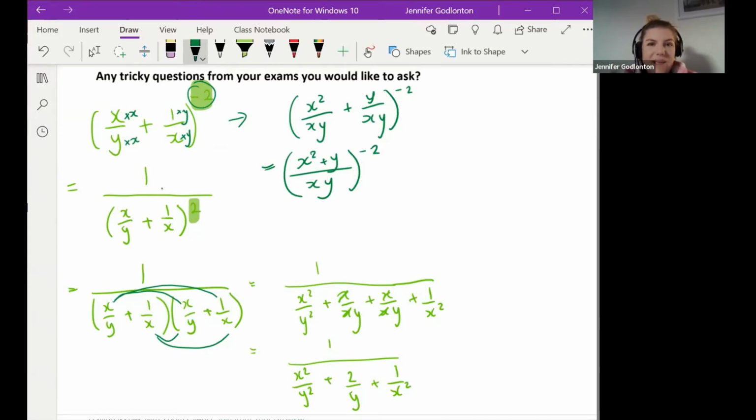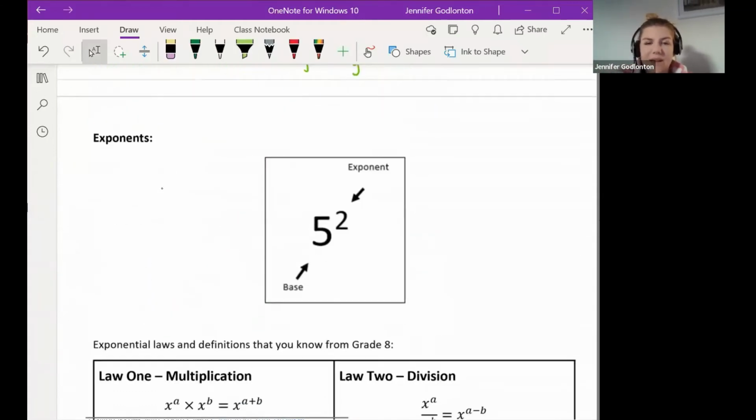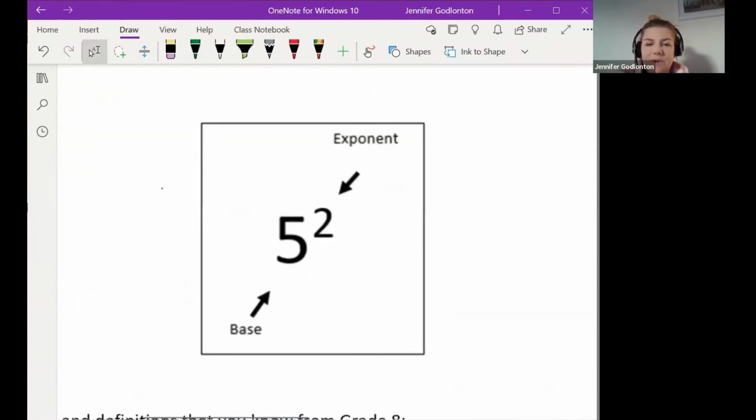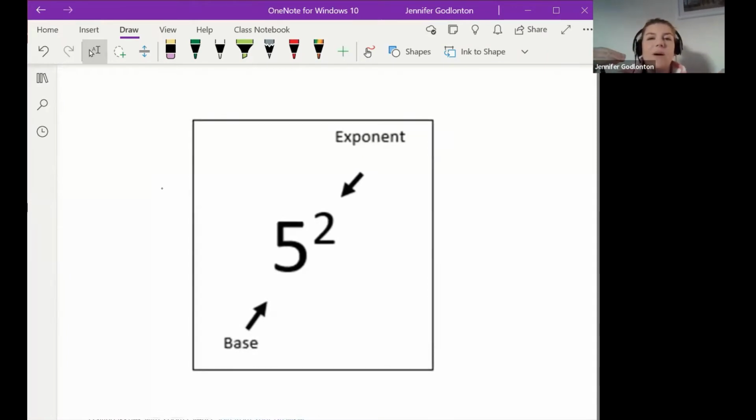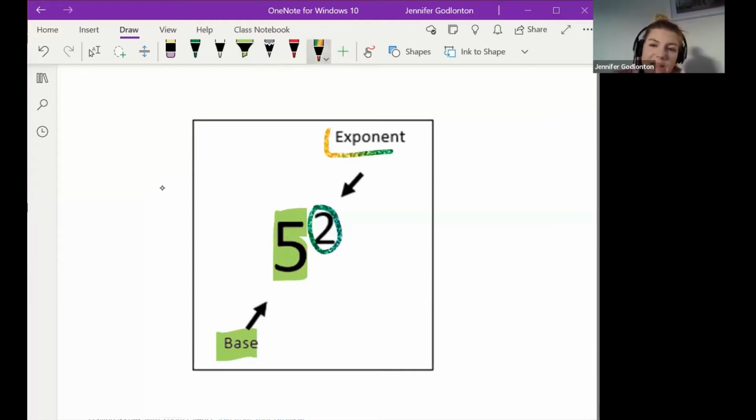Let's jump into some exponent work today. Our exponents, just very briefly. I know this is common sense by now, but let's talk over it so everyone's on the same page. When we're dealing with exponents, we have a base number. That could be a letter, X, Y, or Z, or a number like 1, 2, 3, 4, 5, 6, 7. Then we have our exponent, which is at the top.